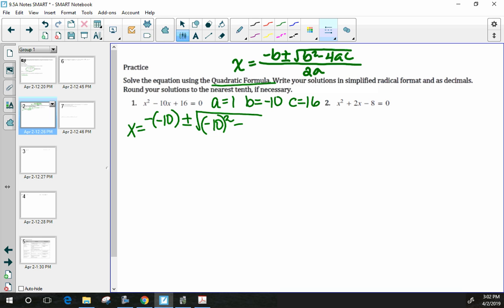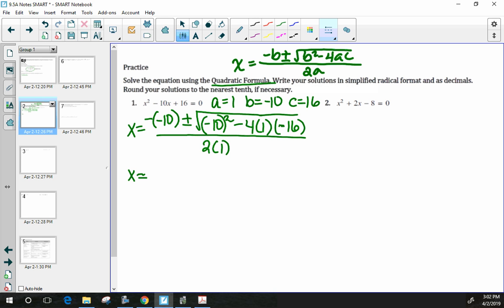So b squared minus 4 times a times c, and all of that is over 2a. Okay? And as long as you insert everything, then the rest of it is just careful computation, order of operations kind of stuff, right? So now we can take care of some of the simplifying here.